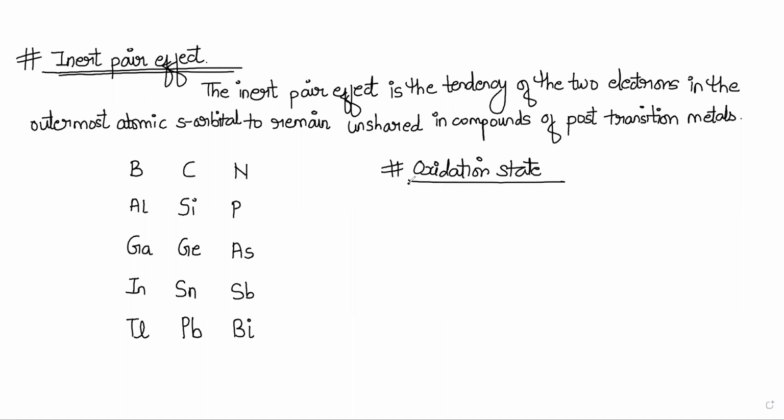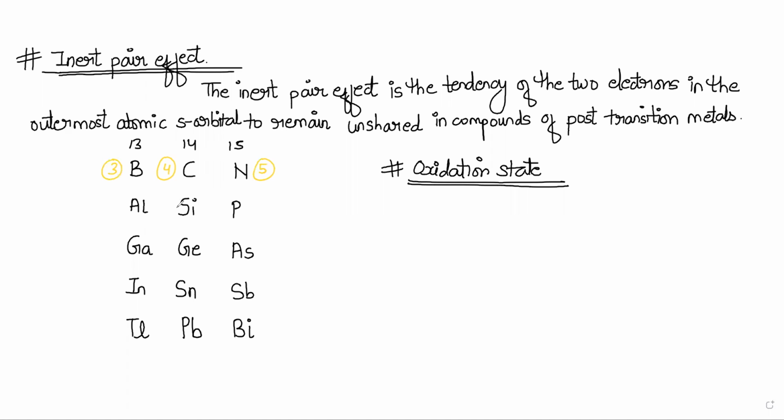The maximum oxidation state of any group is the total number of valence electrons, the maximum number of electrons that it can lose. For groups 13, 14 and 15, group 13 has 3 valence electrons, group 14 has 4, and group 15 has 5.